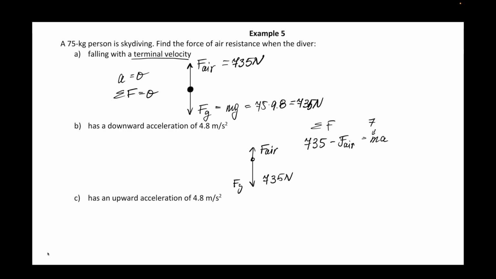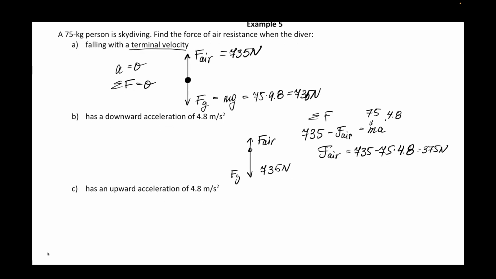This is 75. This is 4.8, and it's downward. So I made the downward force, which is the force of gravity, greater than the upward force, which is the force of air resistance. From here, force of air is going to be 735 minus 75 times 4.8. That gives us 375 newtons.